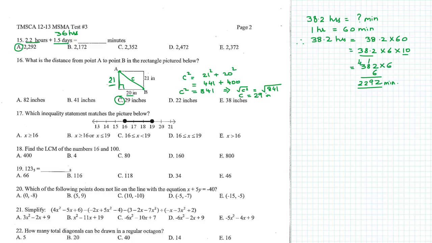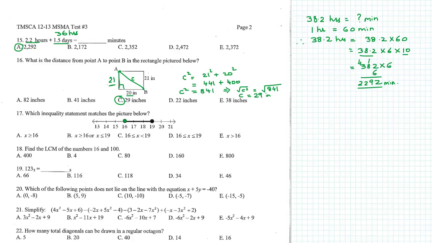Question 17. Which inequality statement matches the picture below? So in these type of questions, you have to pay attention to the solid circle over here. Sometimes this circle is also hollow. In that case, it means that number is not included.